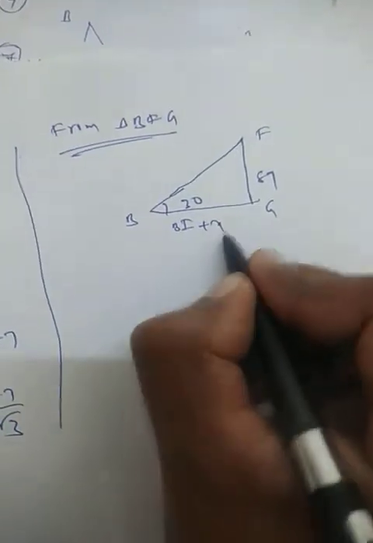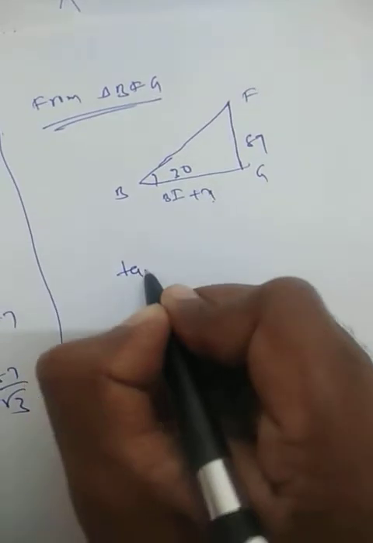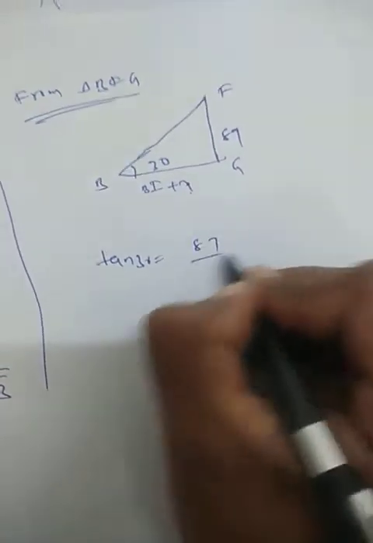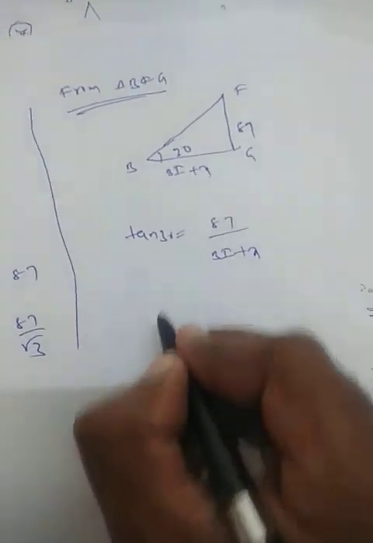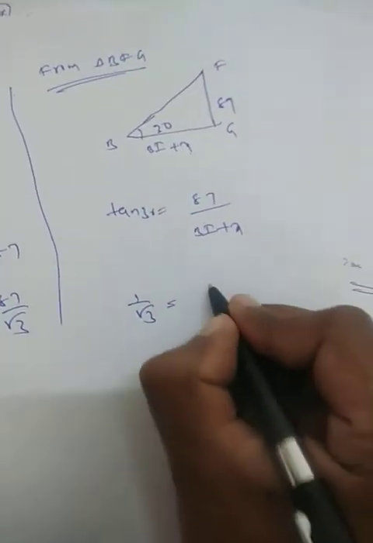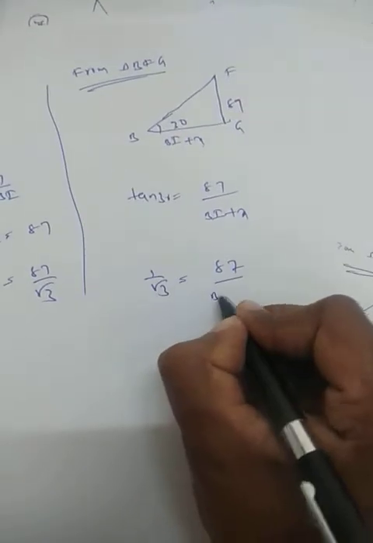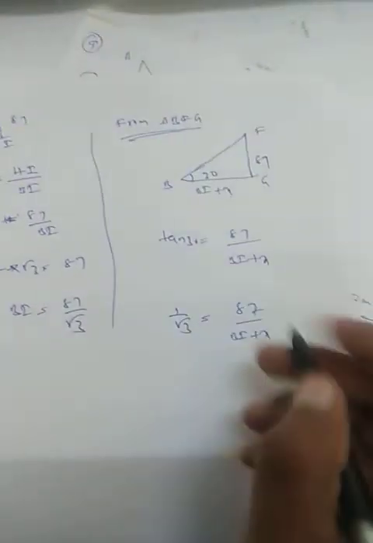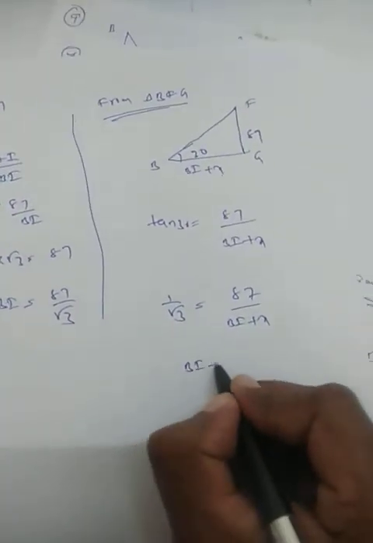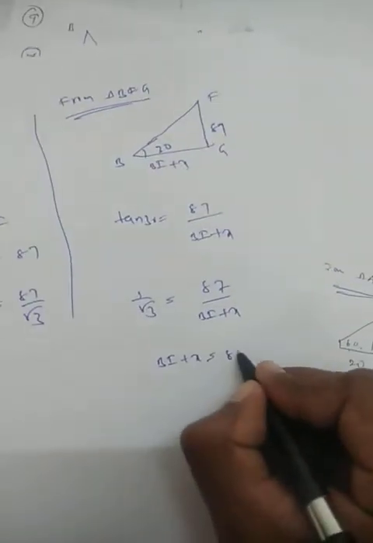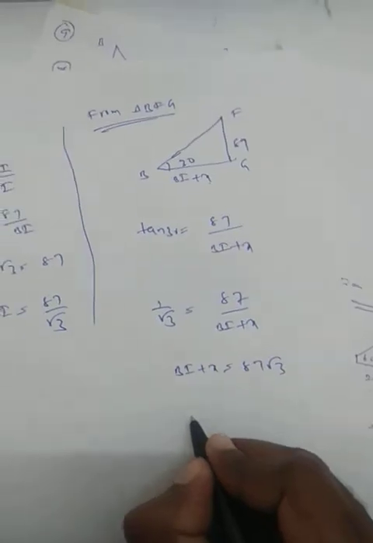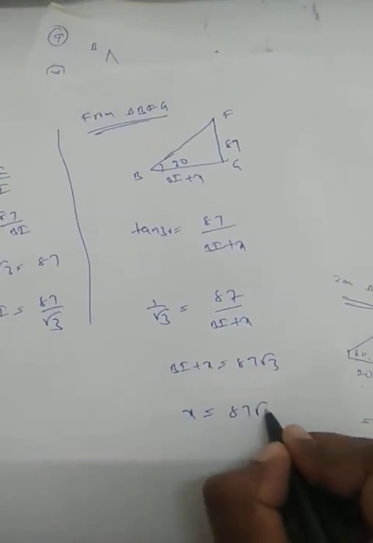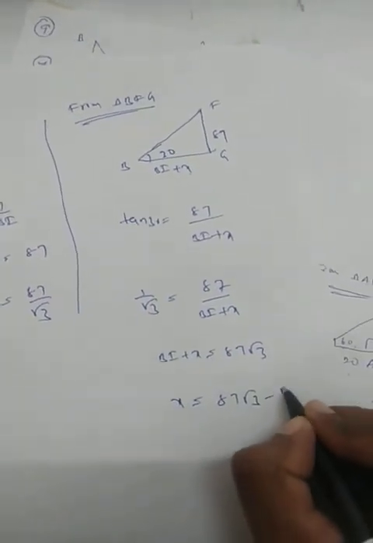Here we need to find the X value. Already we got BI also. So tan 30 is equal to 87 by BI plus X. Tan 30 is 1 by root 3, that is 87 by BI plus X. Cross multiplication: 1 into BI plus X is equal to 87 root 3. So X is equal to 87 root 3 minus BI.